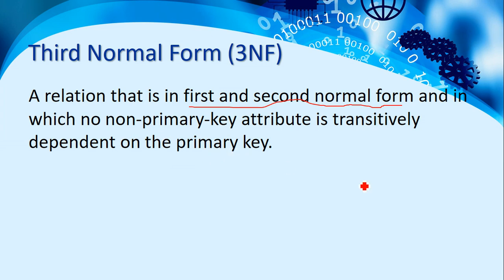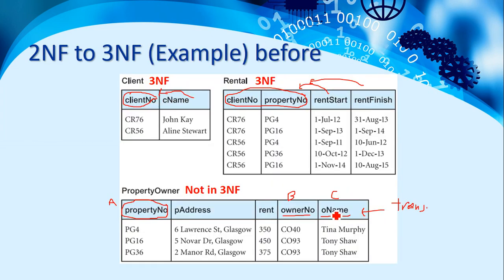But in this case, itong owner name na attribute, this is a non-primary key. And also, not only it is a non-primary key, hindi siya primary key, it is transitively dependent sa primary key, through B as the bridge, no?